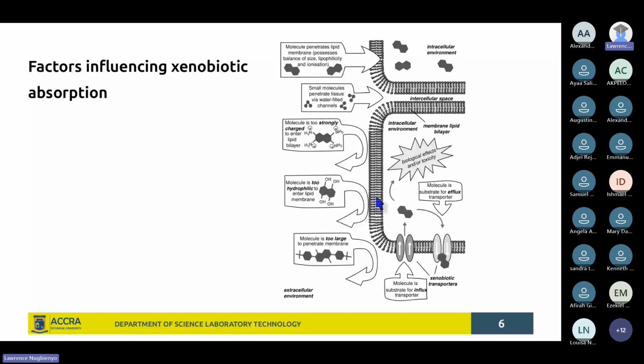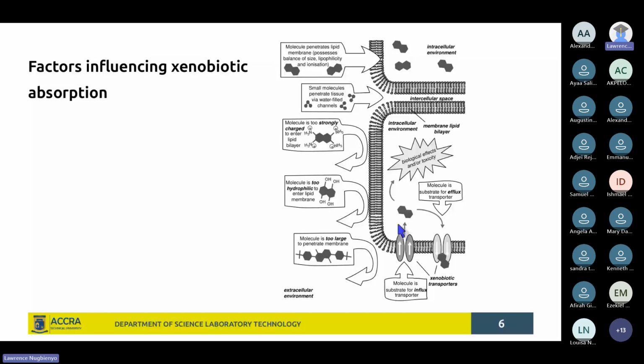From the very first property that we talked about, lipophilicity, that is related to the fact that if a substance is too hydrophilic, it cannot pass through the cell membrane into the cell. Or again, size. If the substance is too large in molecular size, it cannot pass through the membrane into the cell.